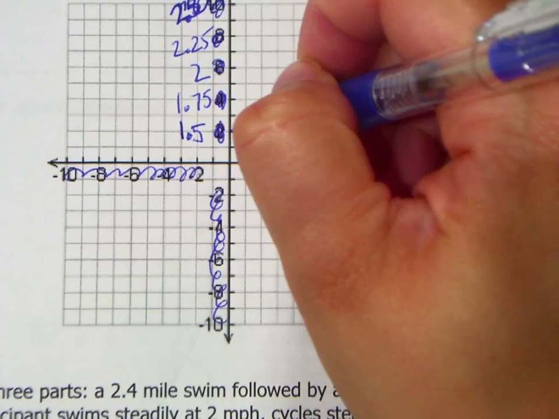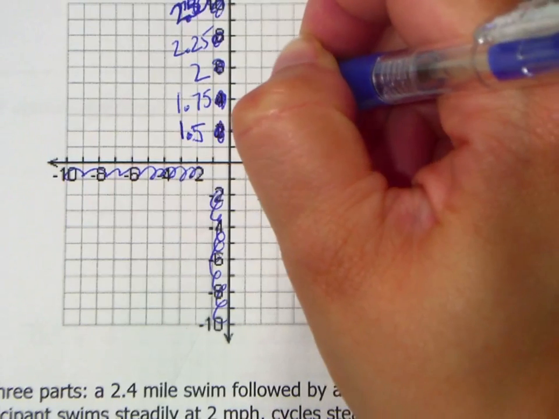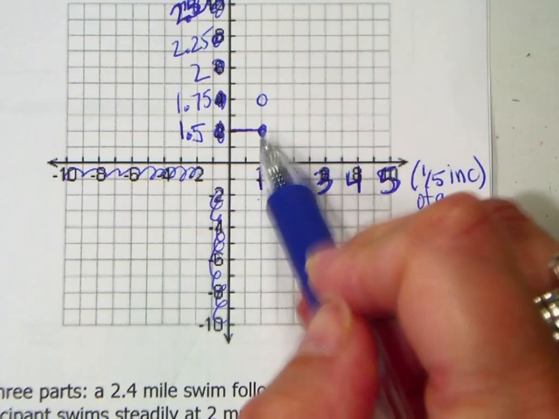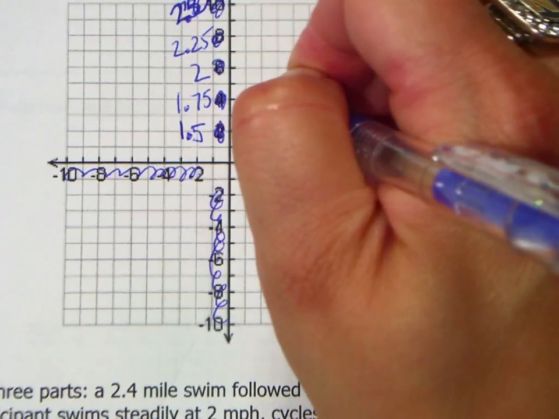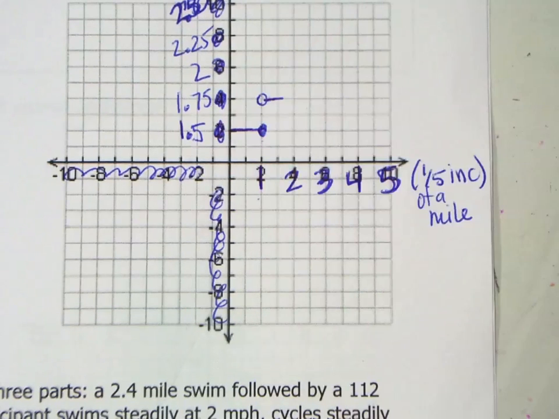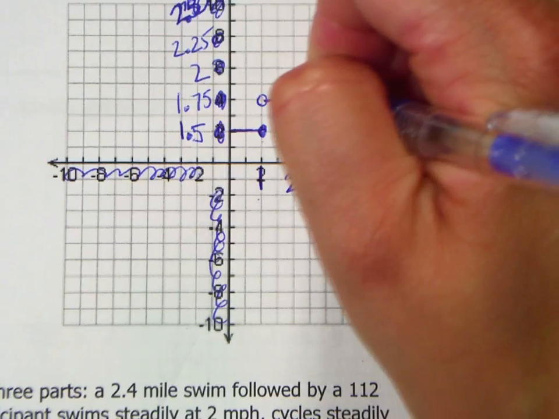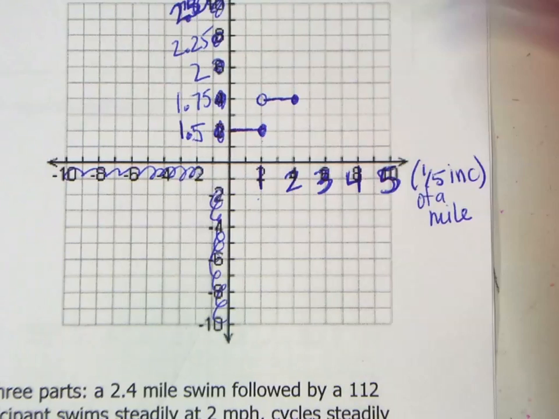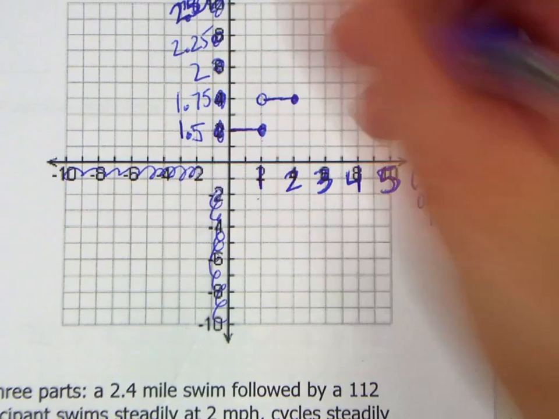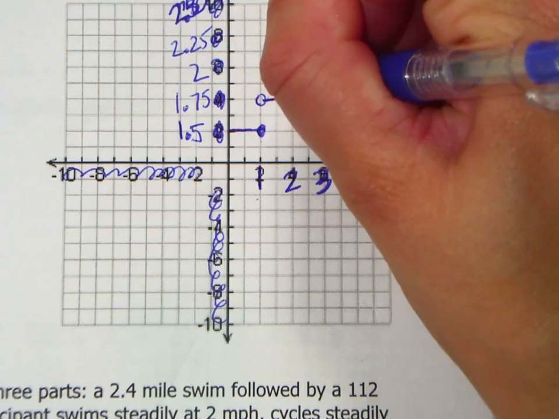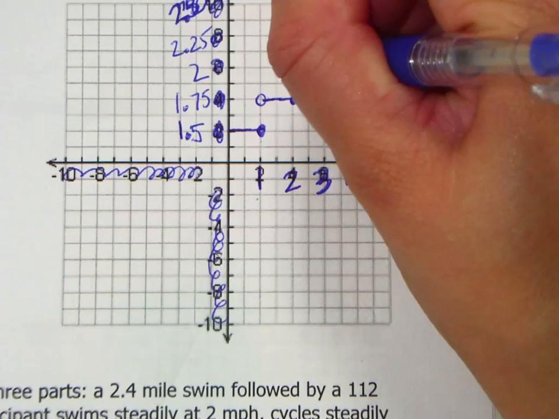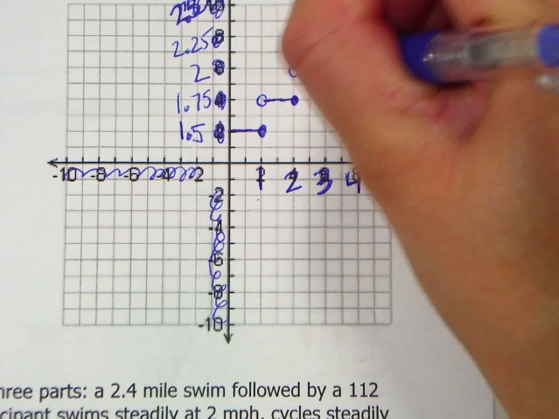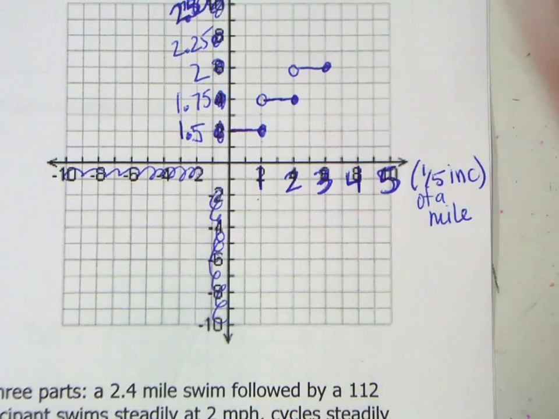So what we have to show is that we're not including 1/5 of a mile, but everything after that is 175 all the way to where? 2/5. That pattern then continues. After 2/5 of a mile, one more tire rotation, we jump up to $2. All the way up to 3/5 of a mile, and so on.